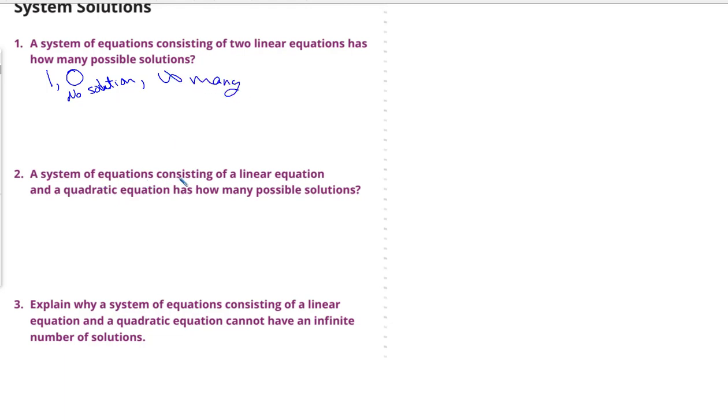And if we have a system of equations that consists of a linear equation and a quadratic, we could end up with 2 solutions, 1 solution, or 0 or no solution. We cannot have infinitely many like we talked about in class, because there's no way that a line and a parabola can completely overlap.